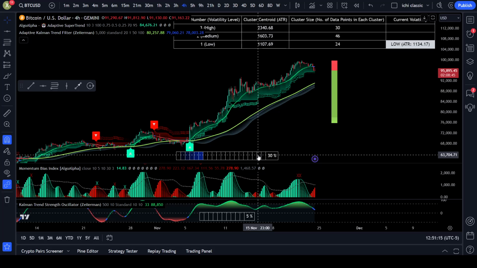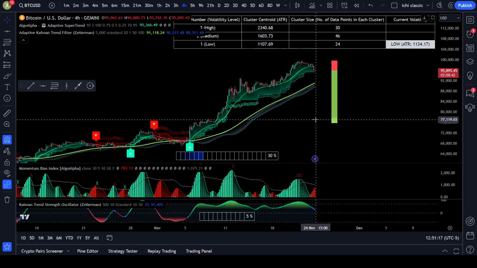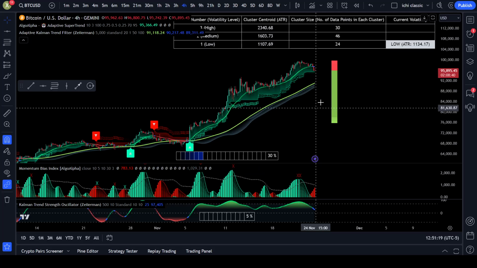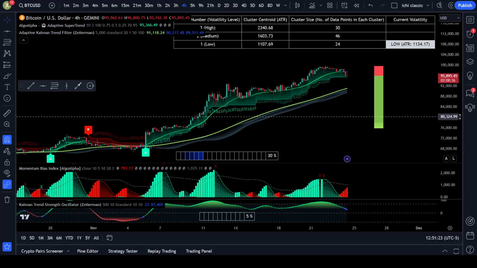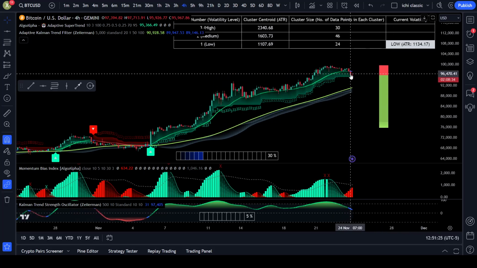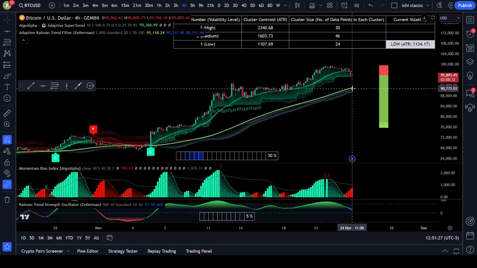And here this indicator says 30. So what happens here is that I'm waiting for this candle to touch this green line, and at that point, if all three conditions meet, then we can either buy or sell.